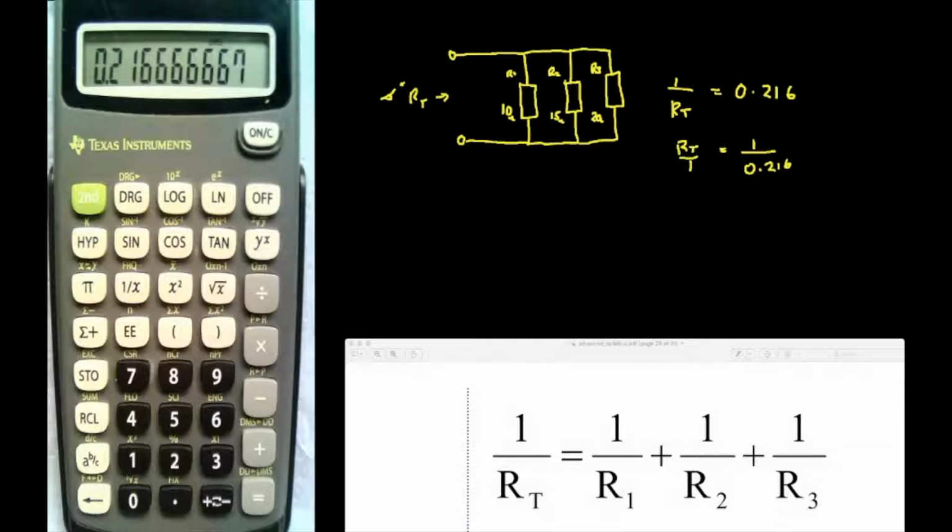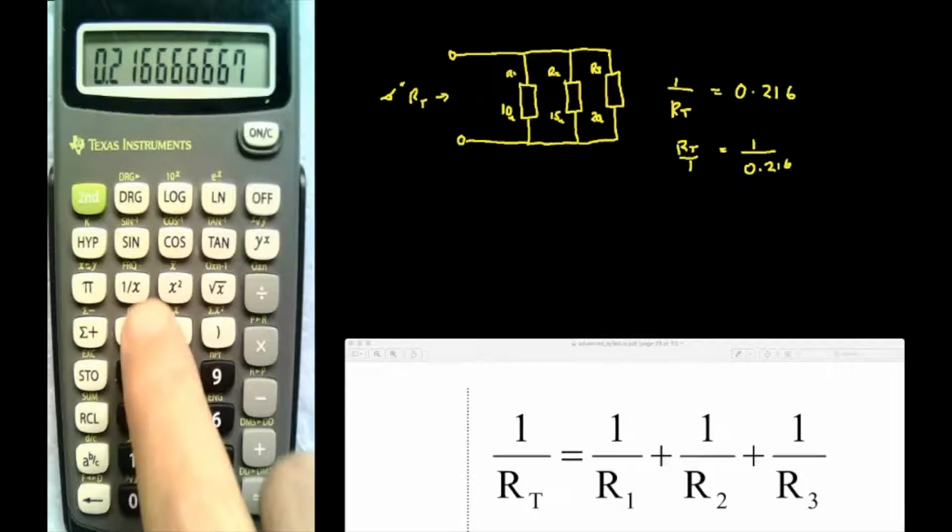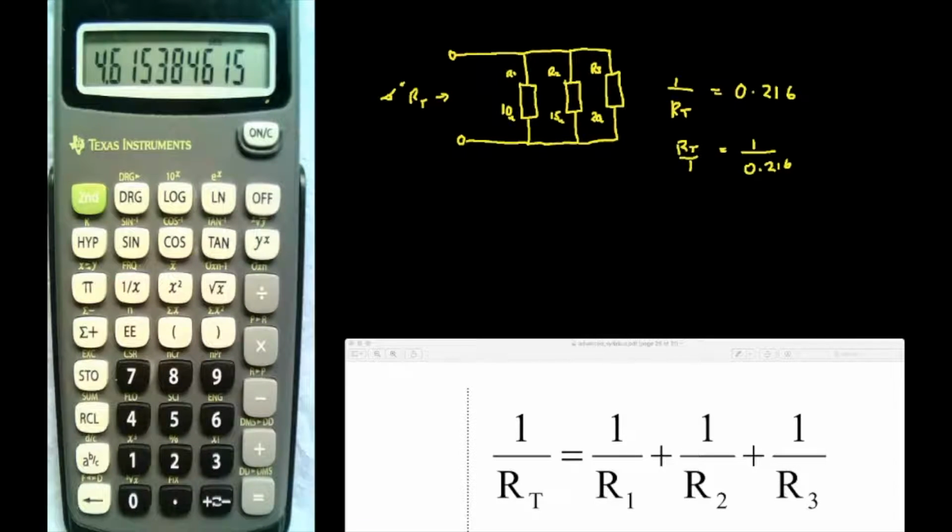So we've taken the reciprocal of that, RT over 1 gives us RT, that's what we're looking for. So we have to take the reciprocal of 0.216. Well, the 0.216 is already on the screen in the X register. So we simply press 1 over X, and there is our answer.